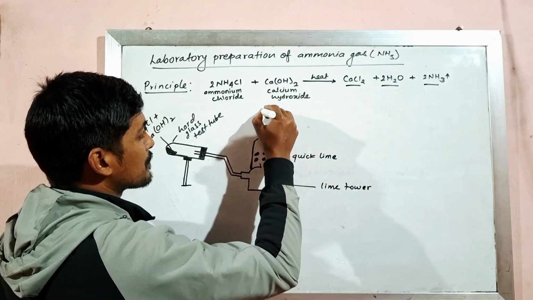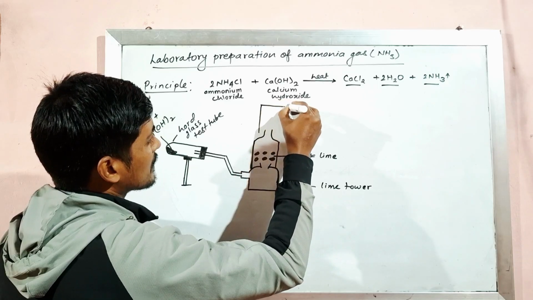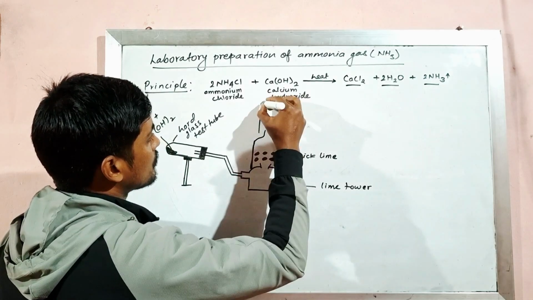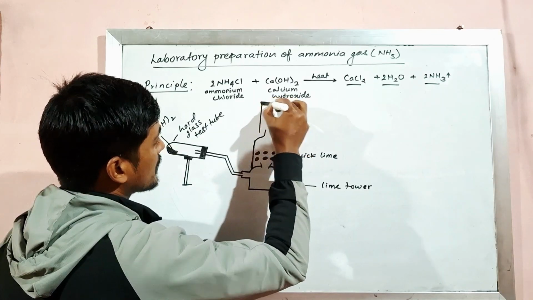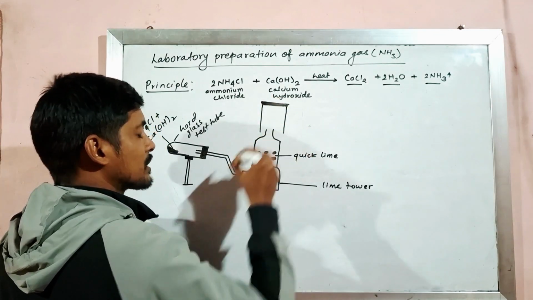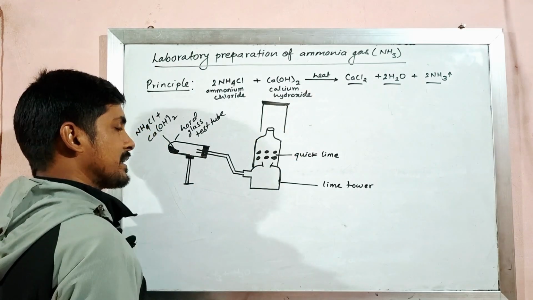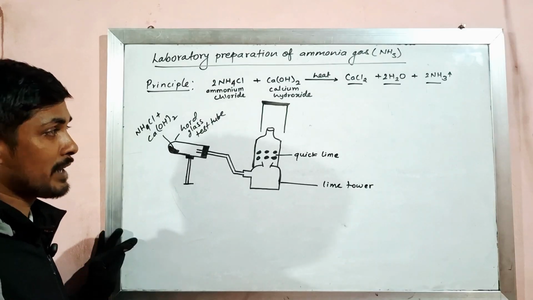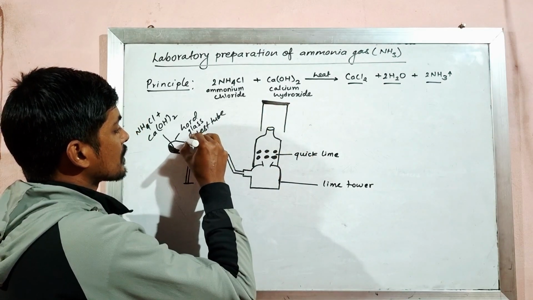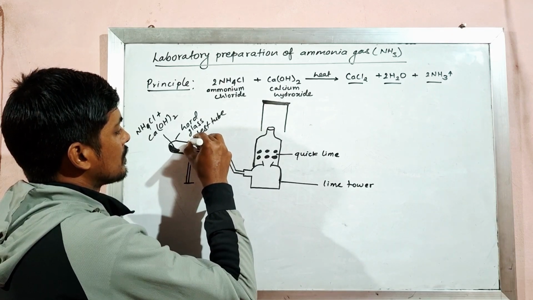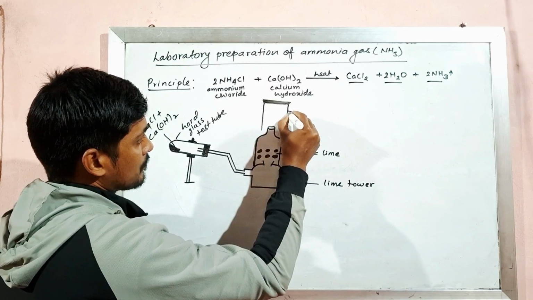Then above this lime tower, we set a gas jar in inverted position like this. Here this gas jar is inverted because ammonia gas is lighter than air, so it goes up and displaces the air in downward direction. So the gas jar is in inverted position and it is held by a stand.